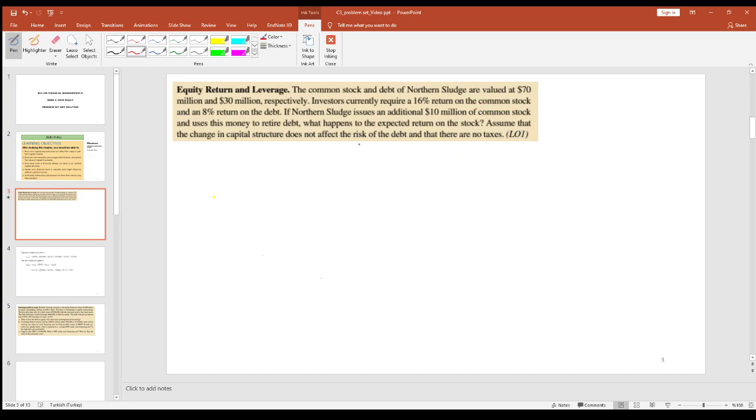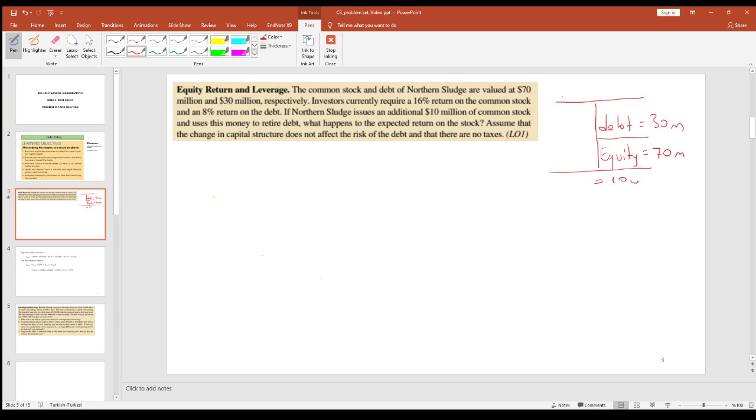Two things need to be mentioned as a remark. First of all, we need to take a look at the capital structure of this company. Here it says equity is 70 million and debt is 30 million.